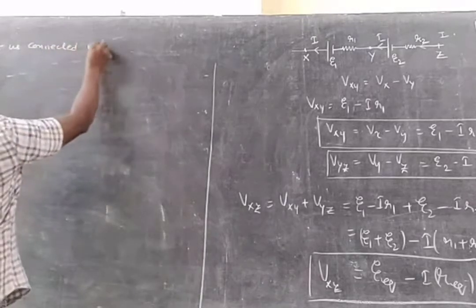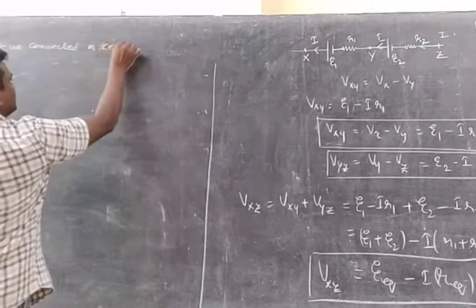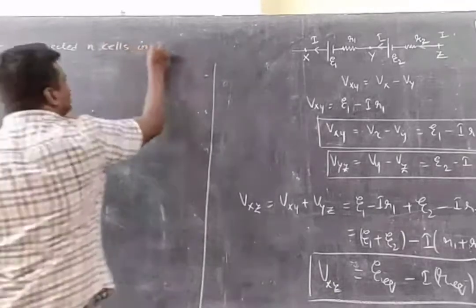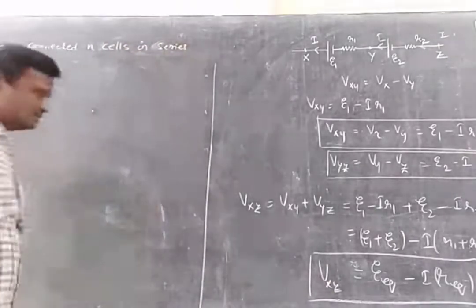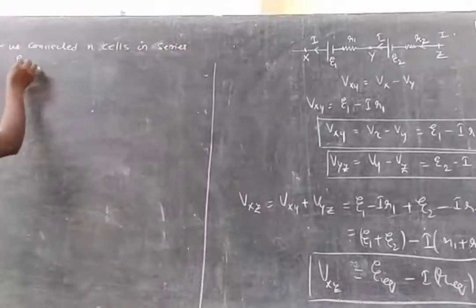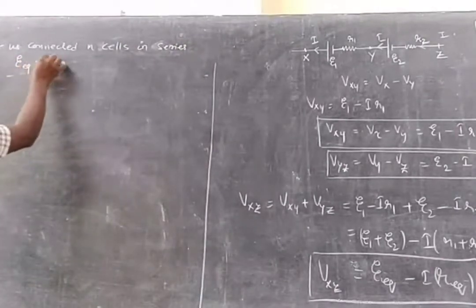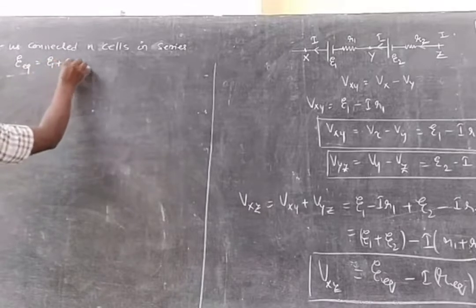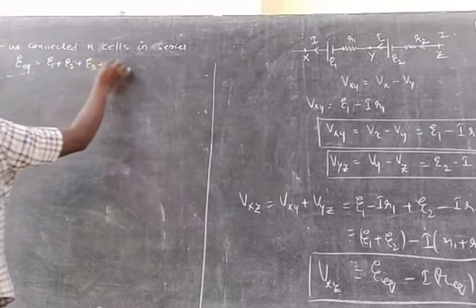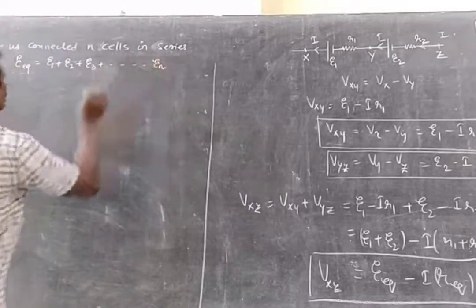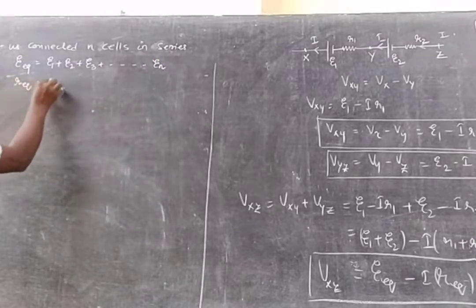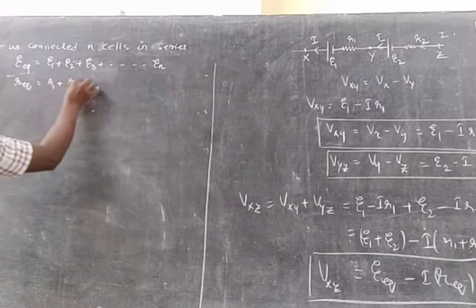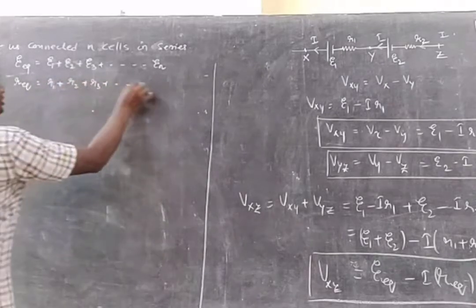Come on, copy. Let us connect N cells in series. Therefore, the EMF equivalent is equal to E1 plus E2 plus E3 and so on up to En. And the internal resistance R equivalent is equal to R1 plus R2 plus R3 and so on.